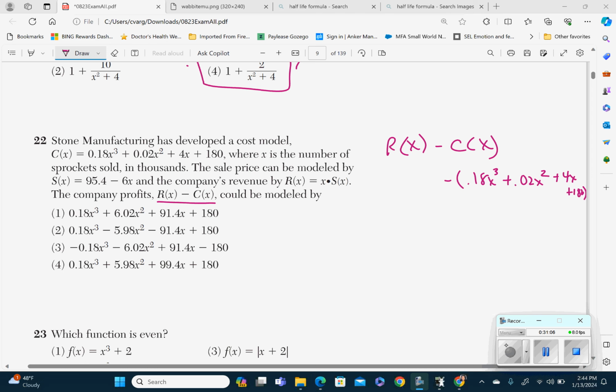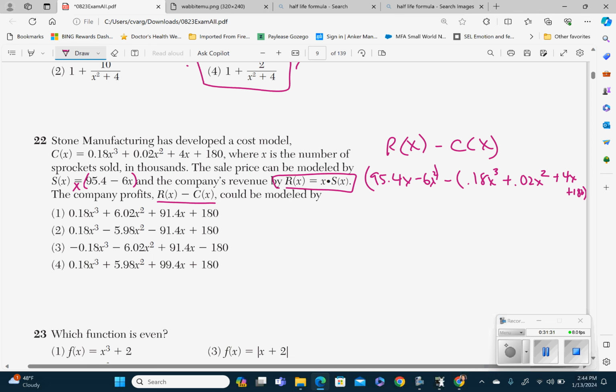And they tell us that R of x is equal to x times s of x. So I'm going to take s of x and I'm going to multiply it by x. So that's going to give me 95.4x minus 6x times x is 6x squared. So I'm going to take these two things and subtract it.